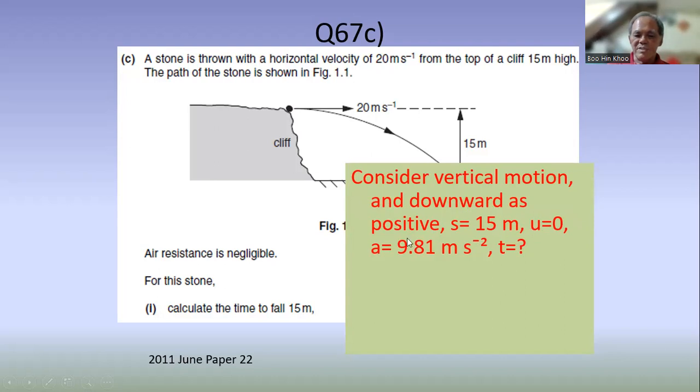Since we take downward as positive, 9.81 is downwards. I want to find the time. Choose the equation correctly. S is ut plus half at squared. Put in your values. S is 15. U is 0. So it's half, 0.5. A is 9.81. T squared is what you want to find. Using the calculator, it is 1.7 seconds.